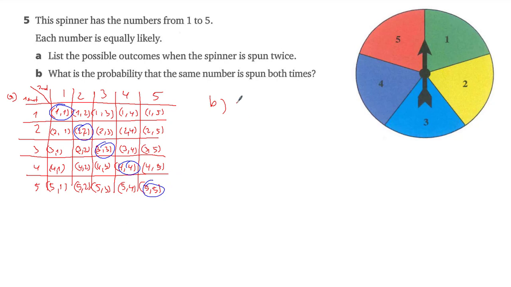Well, the probability of getting the same both times will be how many outcomes have the same output twice? 1, 2, 3, 4, 5. So 5 out of, what is the total number of outcomes? Well, it's 5 times 5, 25. We can cancel this by 5. So 1 over 5, our final answer.